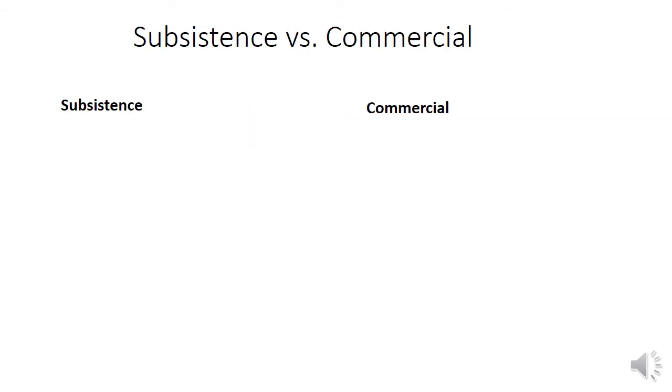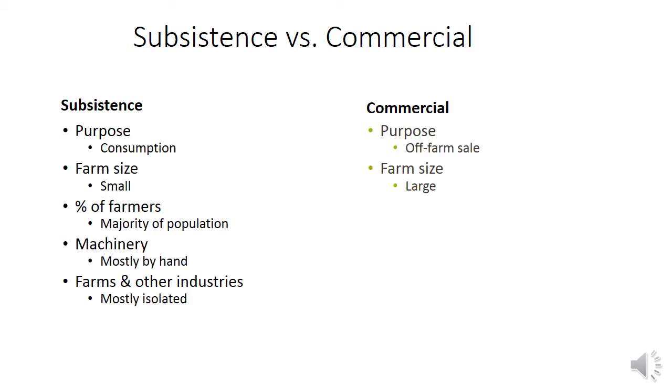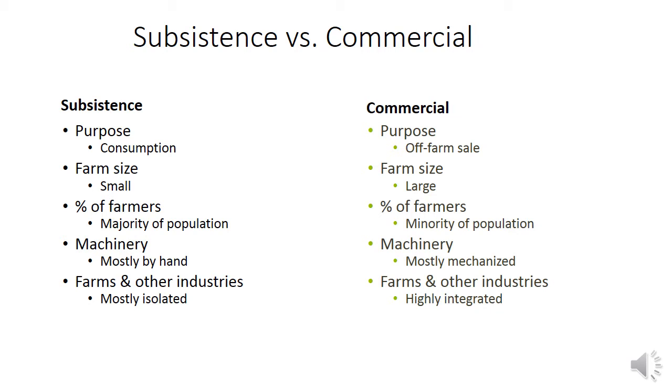So to briefly review some of the differences between subsistence and commercial agriculture. Remember that one is, as we covered on the previous slide, right? The purpose of the farming itself. If it is a subsistence farmer, the purpose is to be consumed by the farmer and their family, right? If it is a commercial enterprise, the purpose of agriculture is for sale in a market, is for commerce, is for business.